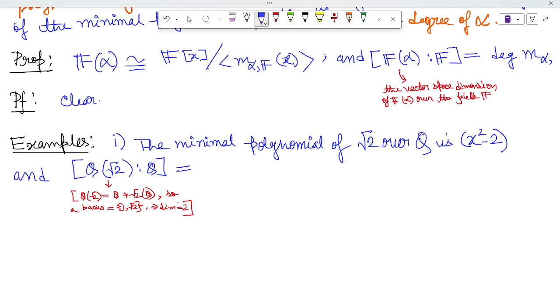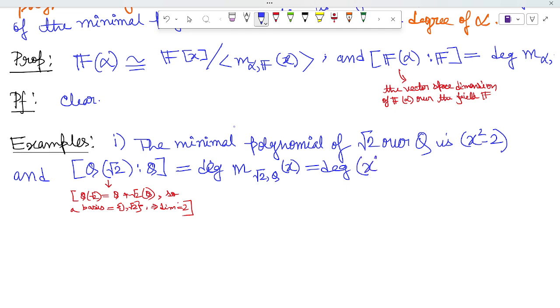But that is one way, and here is another way. The degree of F(alpha) over F, where F is Q and alpha is root 2, is the degree of m_{alpha,F}(x). But what is this?